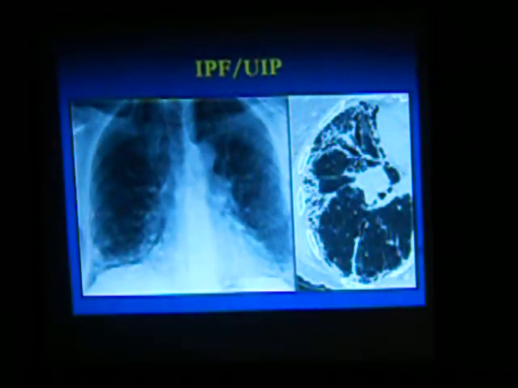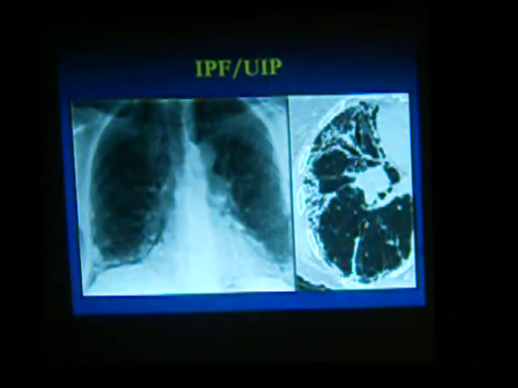So treatment is usually very limited because they are non-responders to steroids. Why? Because they present at late stages with fibrotic stage. If you have fibrotic stage, honeycombing in the high resolution CT, they're unlikely to respond to steroids, right?